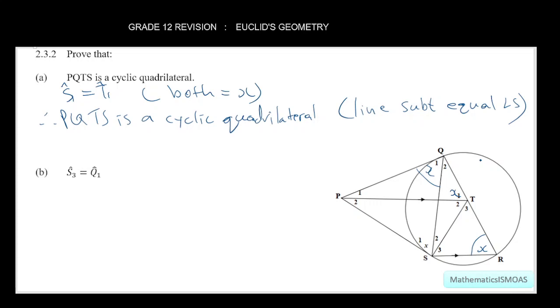And angle T2 is equal to angle S3. Alternating angles. You see, T2 is equal to S3, alternating angles because PT is parallel to SR. Therefore, we can conclude that angle S3 will be equal to angle Q1.